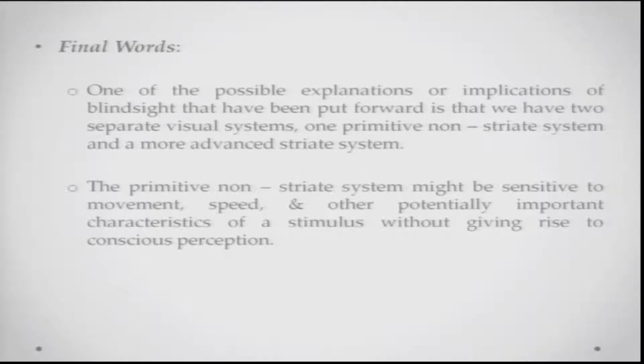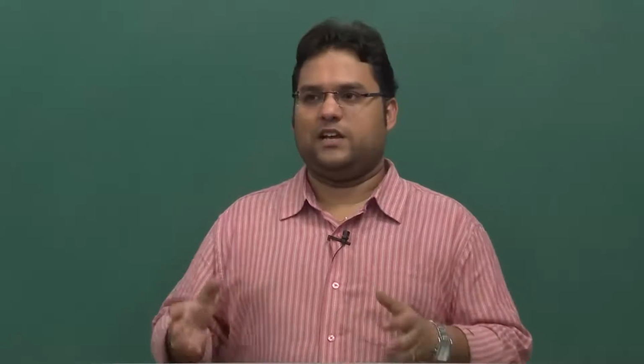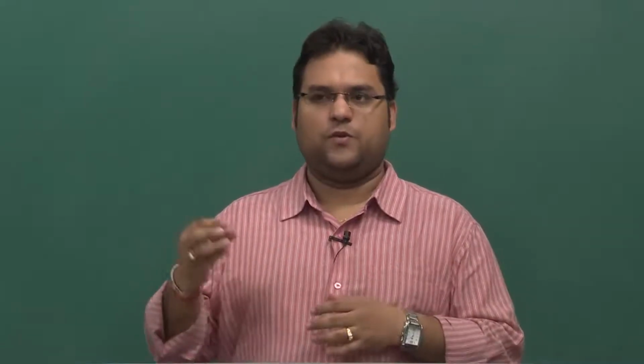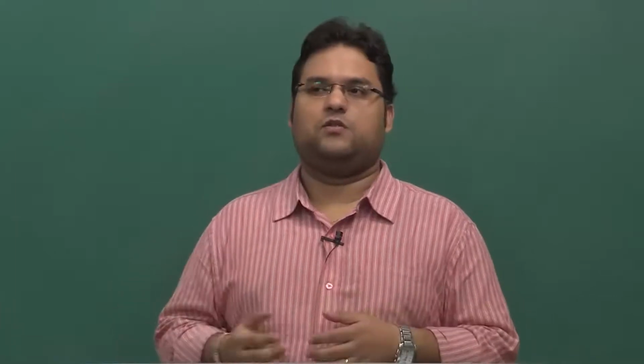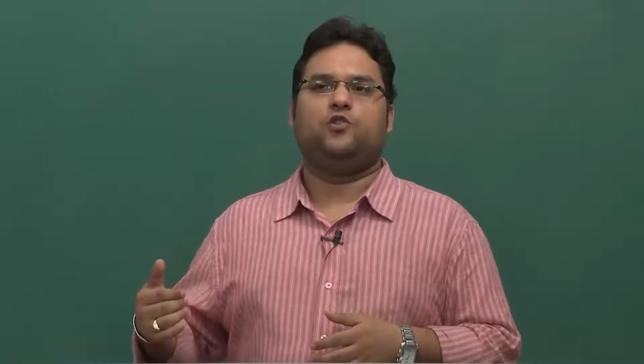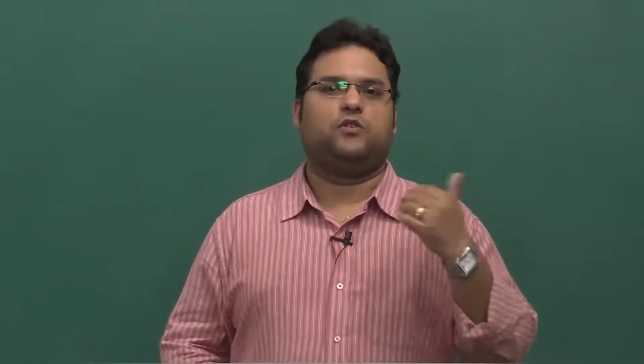The primitive non-striate system might be sensitive to movement, speed and other potentially important basic low level characteristics without even giving rise to conscious perception. So, these calculations are so low level or so simple that they do not really need to be consciously known, that you are calculating the motion or the shape or color, etc.